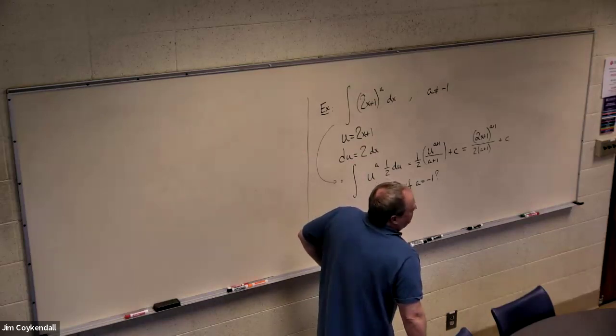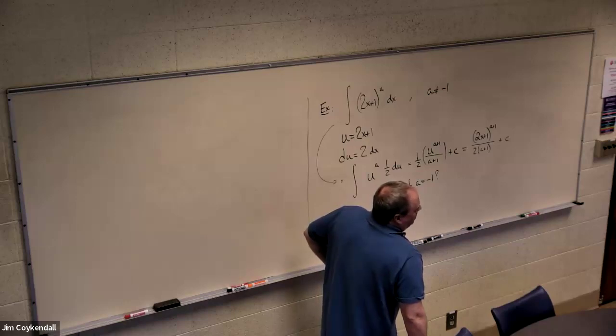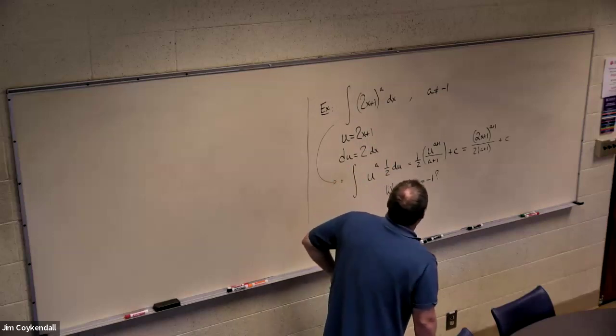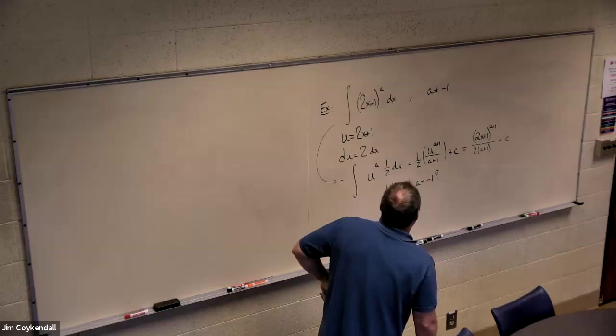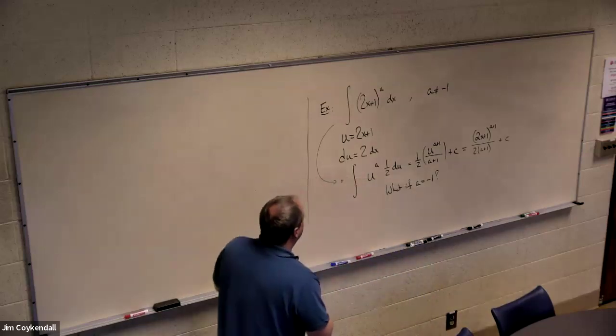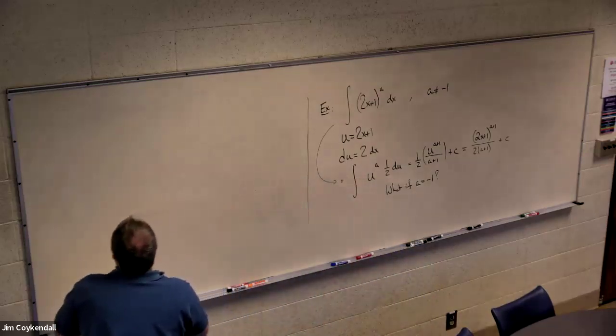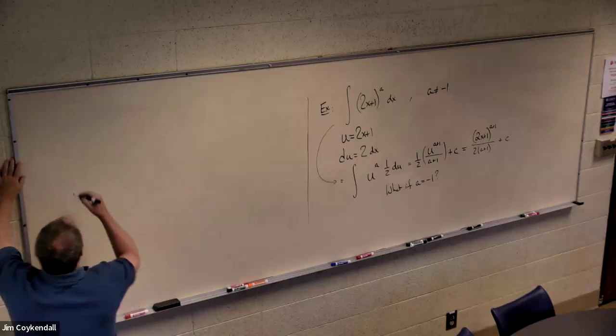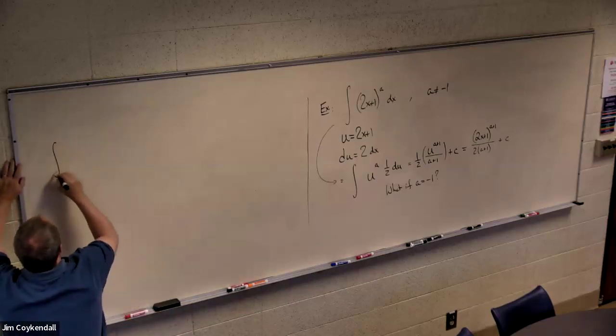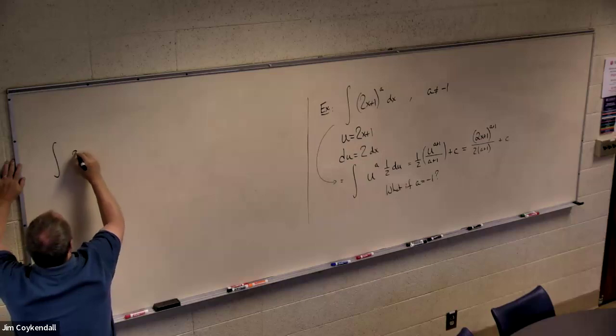If you use the formula with the 0 power in the denominator, now you're going to have trouble. So what happens if A is -1? Well, we can pick this up where we left off and just start over again. So this is 2x plus 1 to the -1 power.